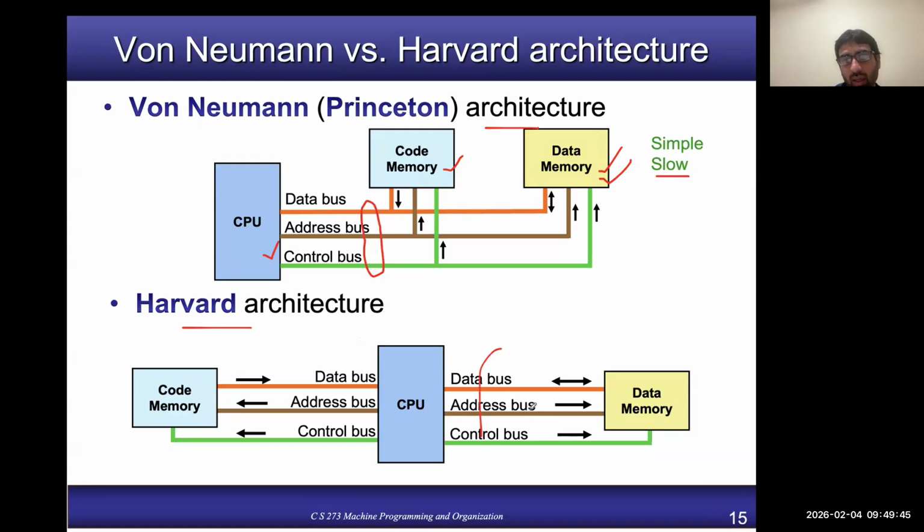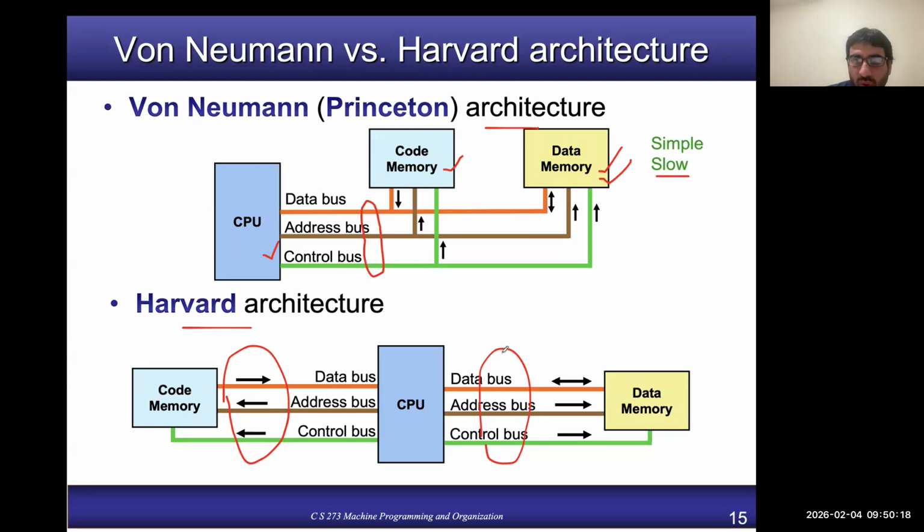So the CPU doesn't need a read of an instruction from memory to complete before it can read data from the data memory. Why? Because it uses a different set of buses to access the data memory. So it is faster as compared to Princeton architecture.